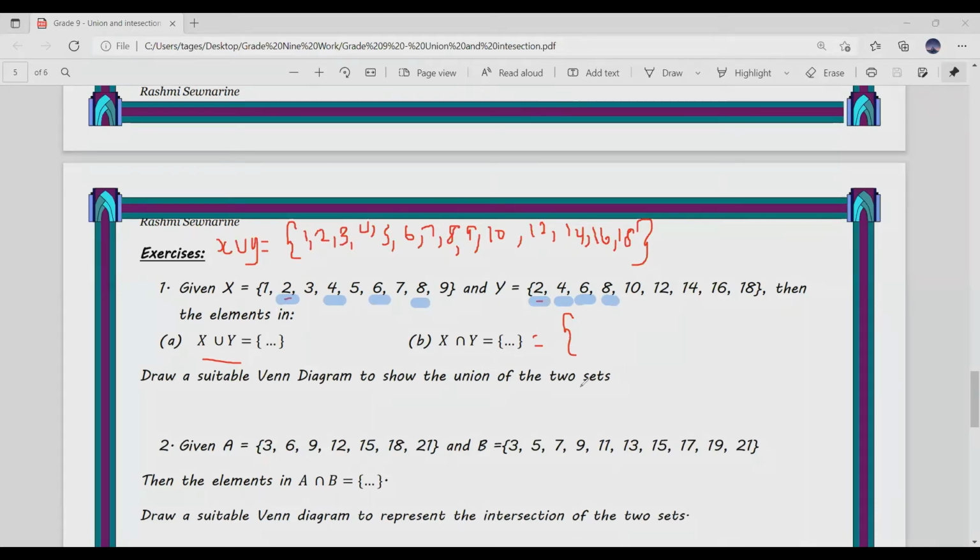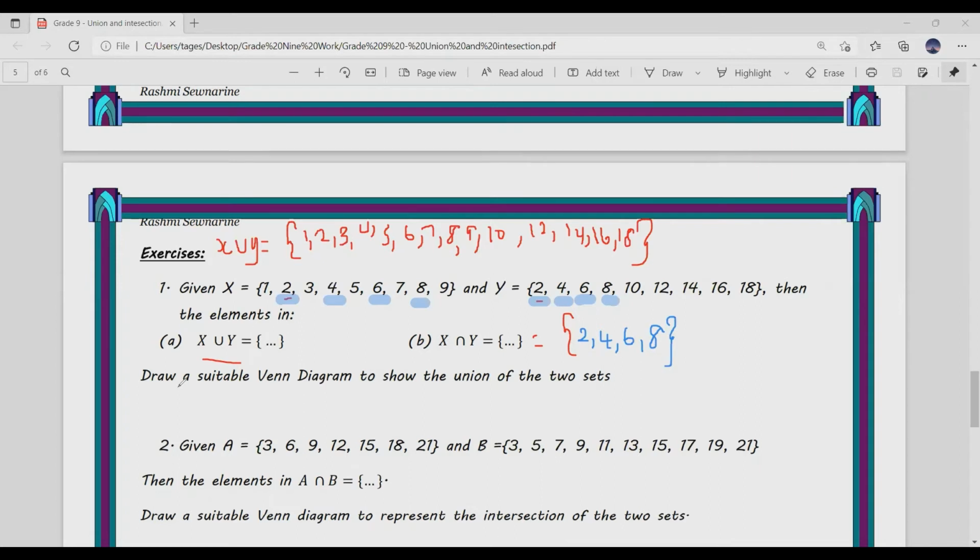Good. So X intersect Y is going to be 2, 4, 6, and 8. So that is basically it there.